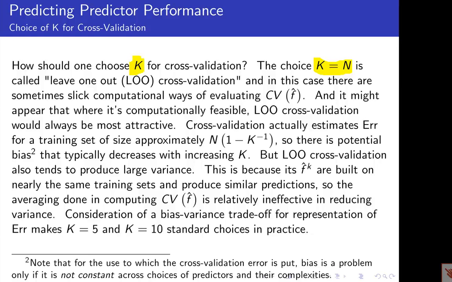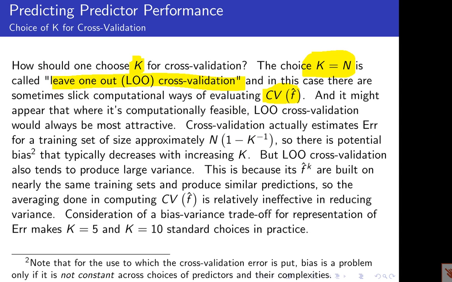Sometimes it turns out that it's possible to compute this cross-validation error in a very slick way, and actually it's not an impossible calculation. That makes one think that, well, maybe the best way to do this is to try to do leave one out cross-validation.